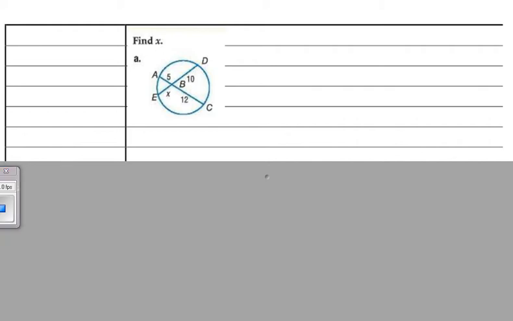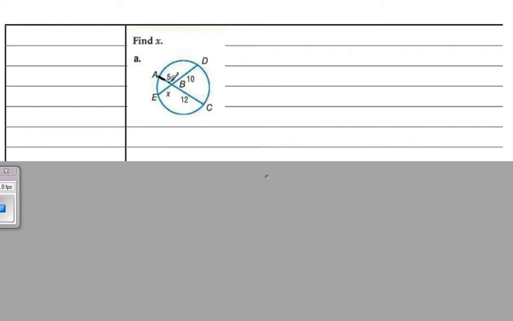Okay, this first example we'll do together. It's an example of the intersecting chords segments theorem. And all that says is we would take part times part and set it equal to part times part.